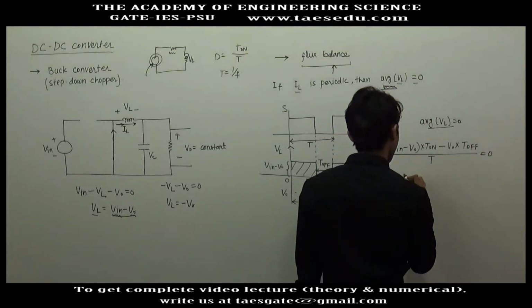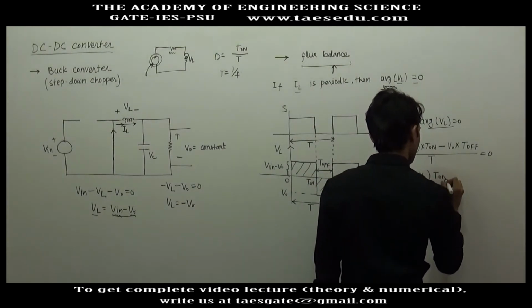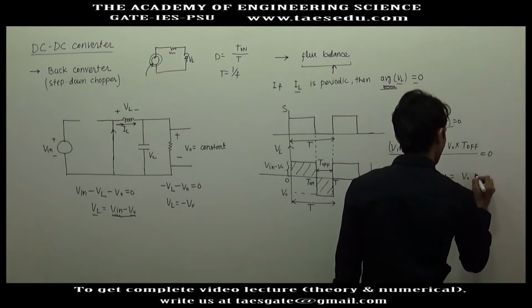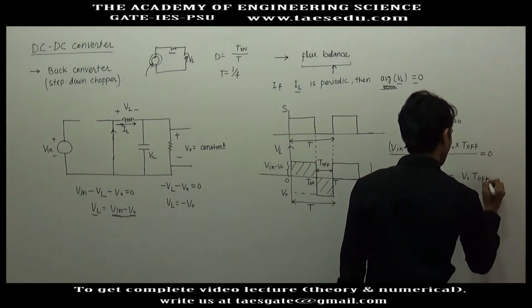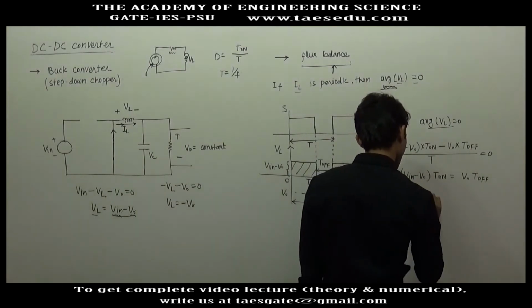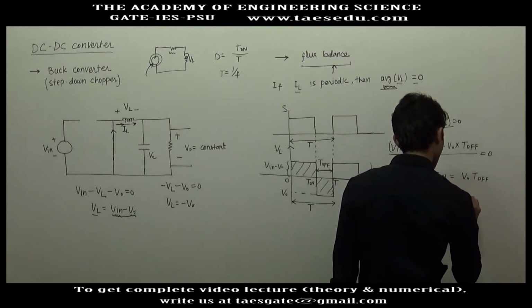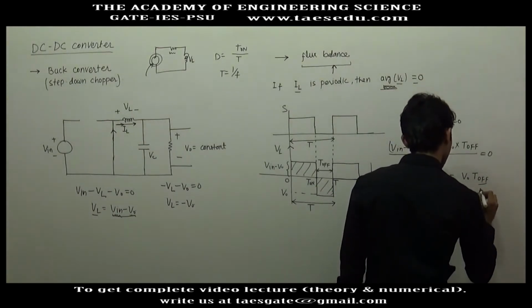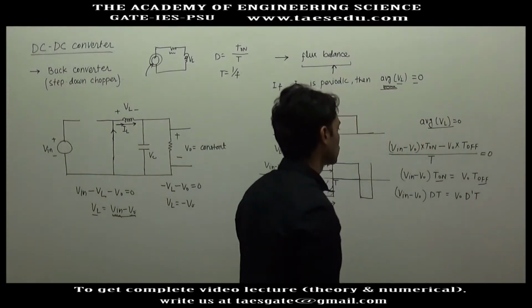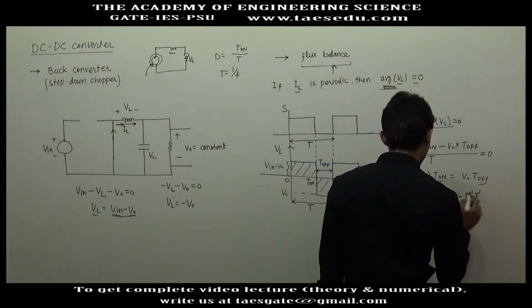So you will write it as V input minus V naught into T on equal to V naught into T off. T on will be written as D into T, and T off will be D dash into T. T and T will be cancelled.